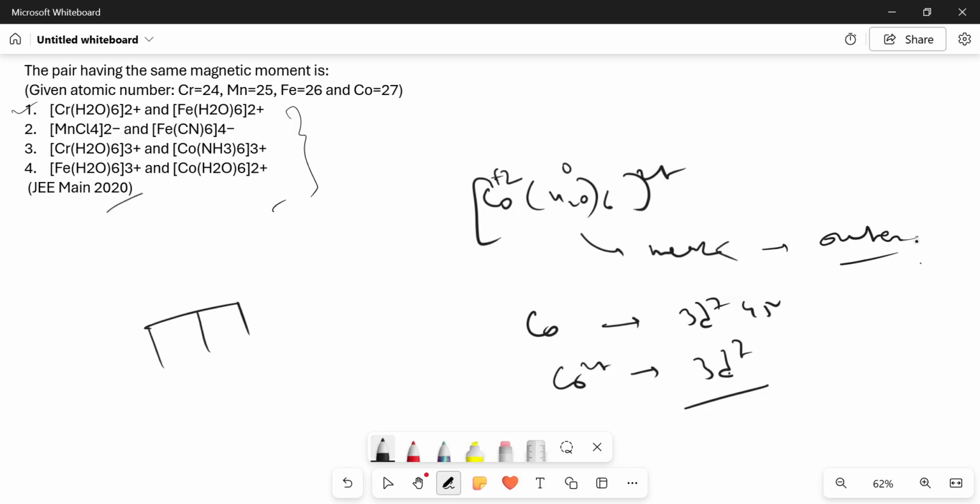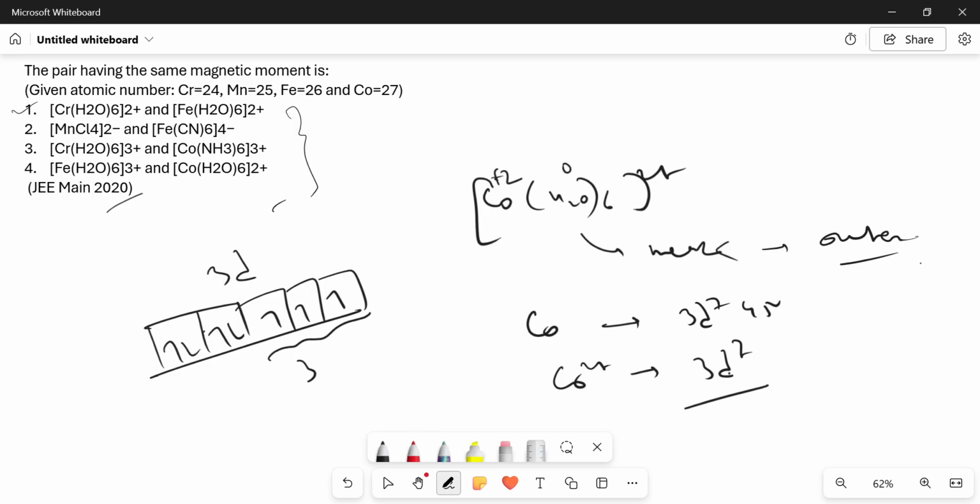Now draw the 3d orbitals, 7 electrons, so only 3 unpaired electrons, and in case of the iron aqua complex, it is 4 unpaired electrons, so this is not similar. So the first option is the correct option.